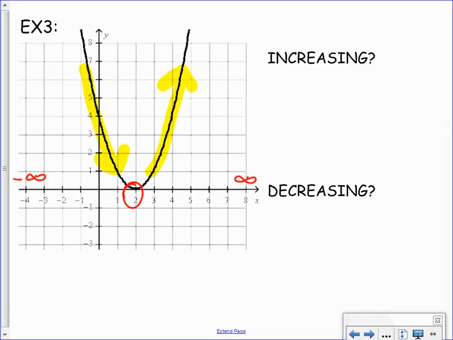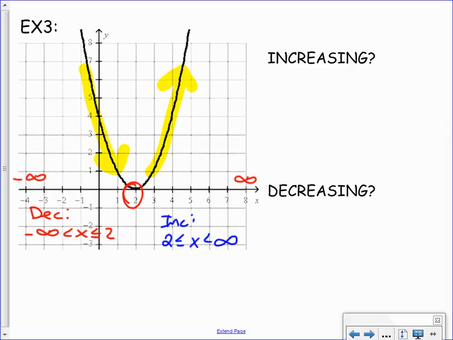It's at 2. It starts going up at 2. So, from the left, it decreases from negative infinity to 2. And on the right, it increases from 2 to infinity.